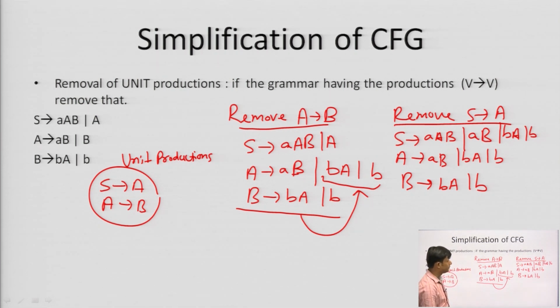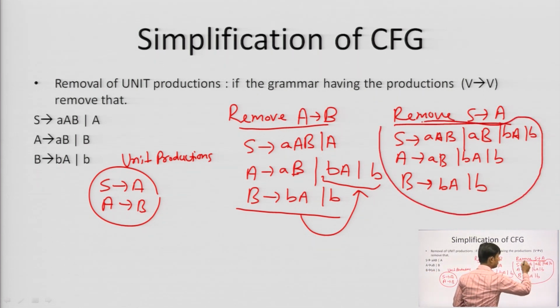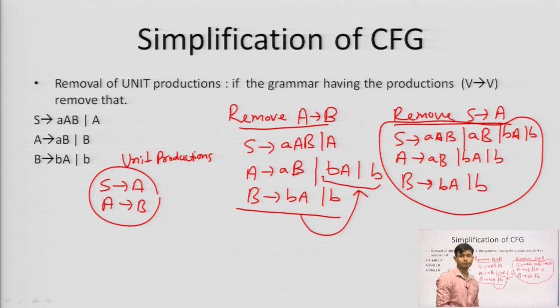You see there is no unit production in this grammar, you can check it, you will not find any variable to variable production. So, in this way we can remove unit productions. This is the process to remove unit production and it is very easy.